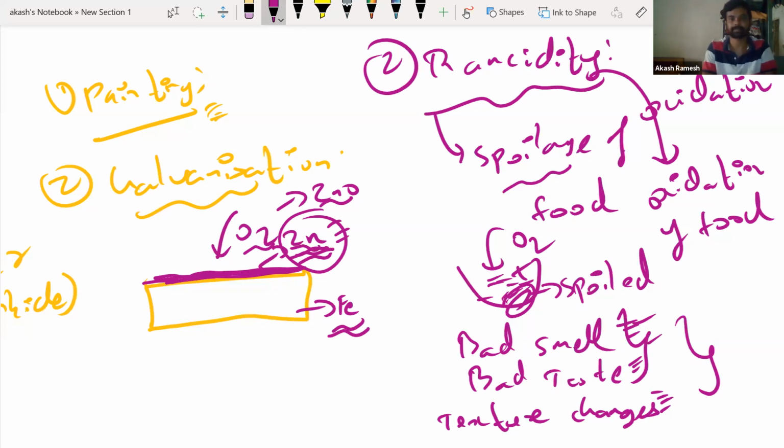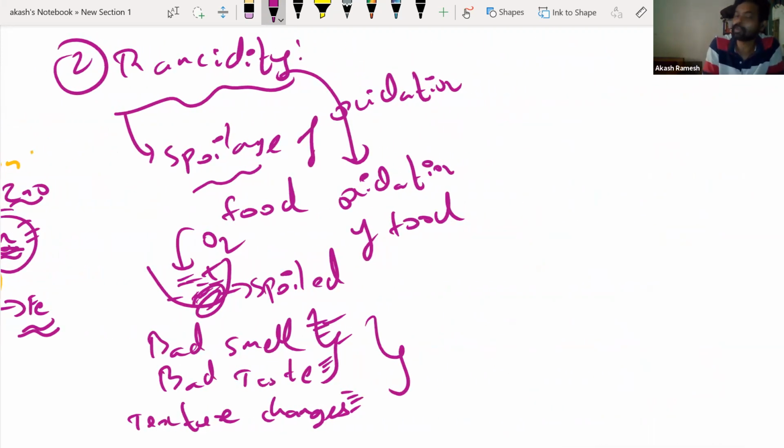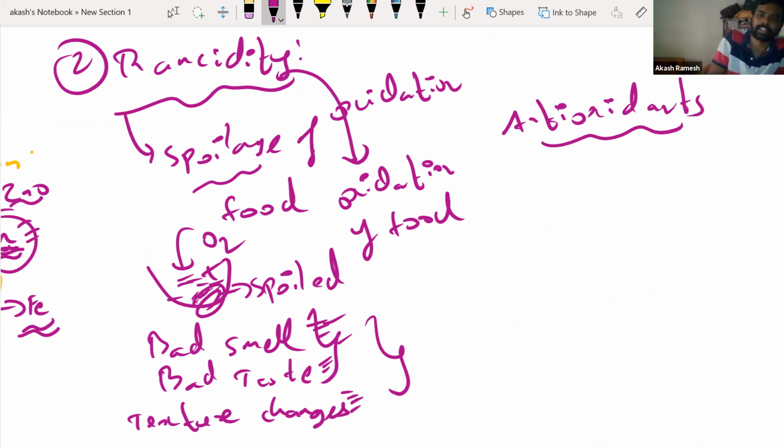So to overcome this, we cover everything, or we sometimes use something called antioxidants. I think this term you must have been hearing a lot.